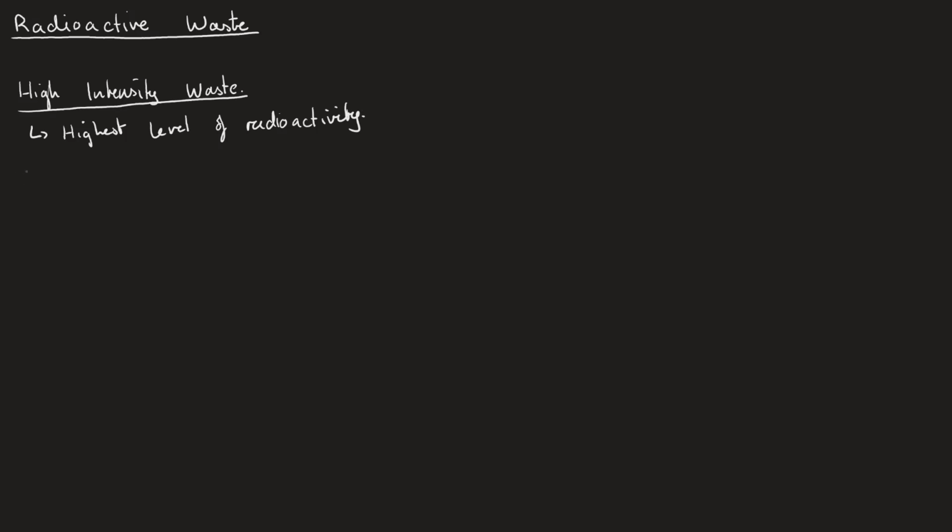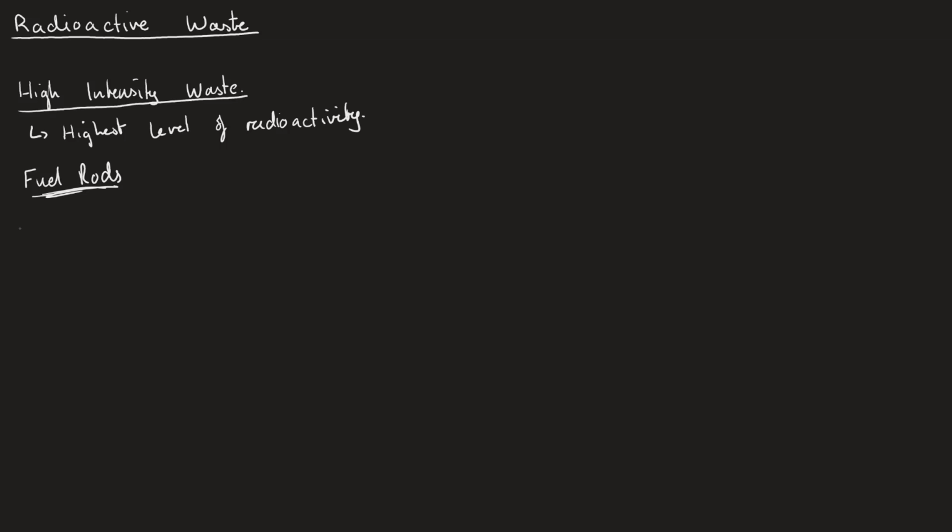The major one we have is fuel rods, because fuel rods are the source of the radioactive uranium, which means that as soon as they've been spent, as soon as they've got rid of all the uranium they have, they need to be removed. How do we actually remove fuel rods?